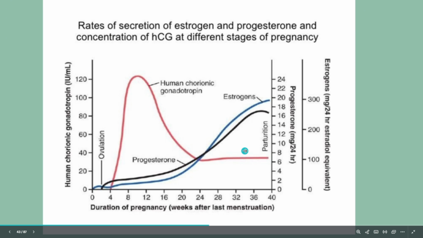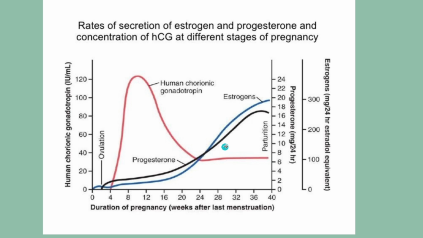But in late pregnancy, you can see that estrogen is already higher than progesterone, and progesterone starts to decrease. So estrogen plays more of a role during pregnancy, especially during birth. The level of estrogen is at its highest point during parturition.